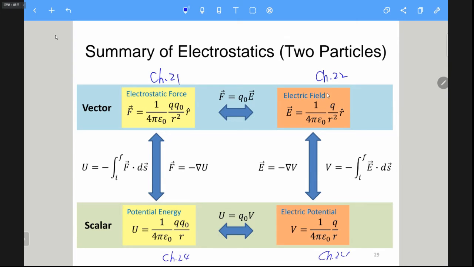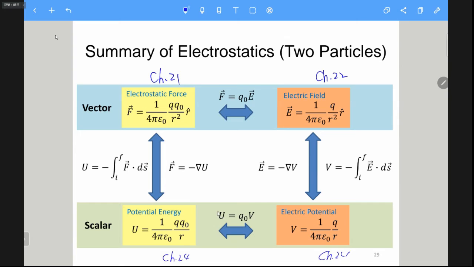For electric field, we have only Q over R squared, and we don't consider the test charge. For electric potential, we only have Q over R, again without the test charge.